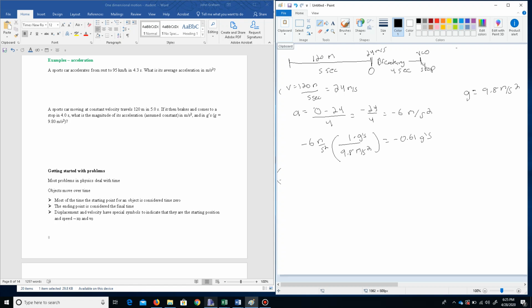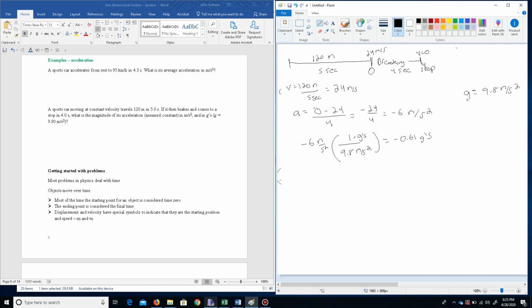And so most of the time, the starting point for an object is considered time 0. The ending point will be considered the final time. And so displacement and velocities at their starting point will have special symbols, x sub 0 and v sub 0.